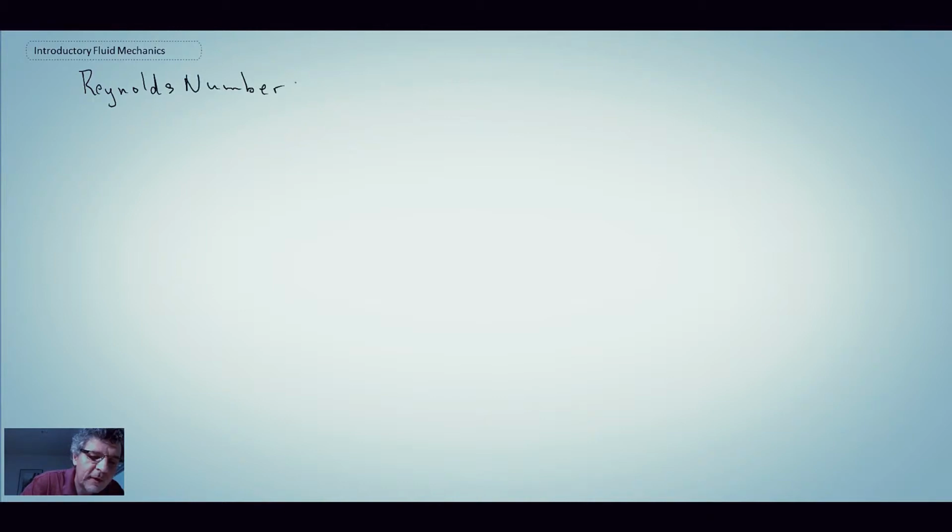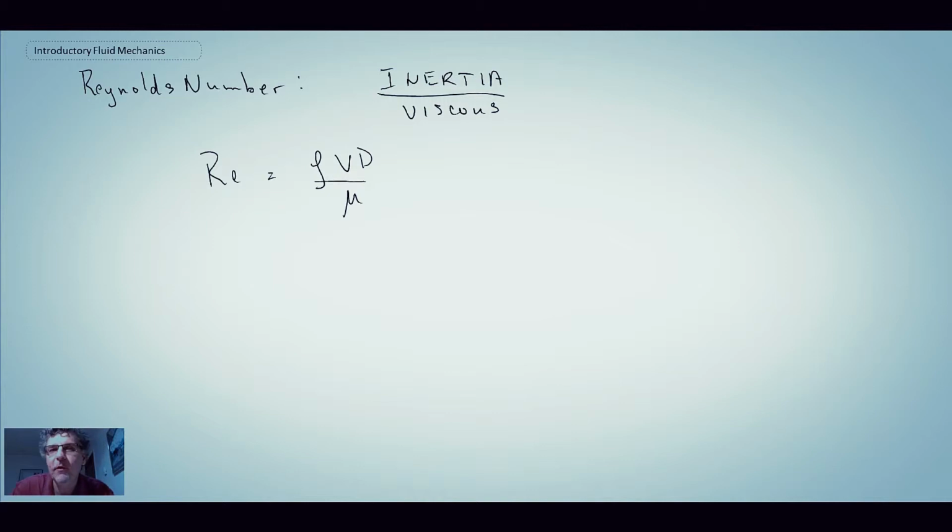It turns out that the Reynolds number is a ratio of inertia forces to viscous forces. And so if we perform the ratio using those forces, we get rho V D over mu. And this is a number that is used to classify the state that the flow is in.